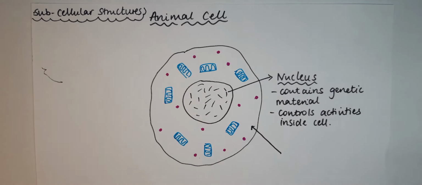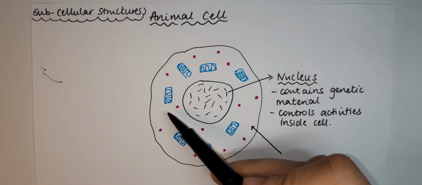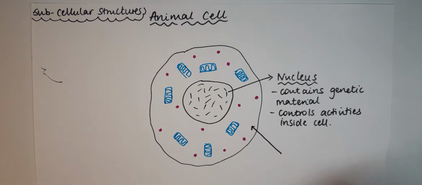It's a gel-like substance where most of the chemical reactions happen in the cell, and it contains enzymes that control these chemical reactions. So it's all this empty part here, but it's actually a gel-like substance. So this is the cytoplasm.